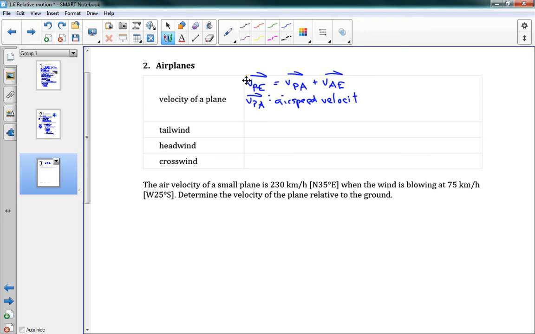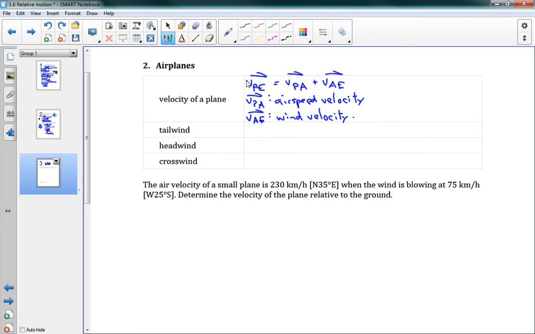So it's not the speed of the air. Airspeed velocity is still the speed of the plane. And the velocity of air relative to Earth, that term is the wind velocity. So we have those two terms there.